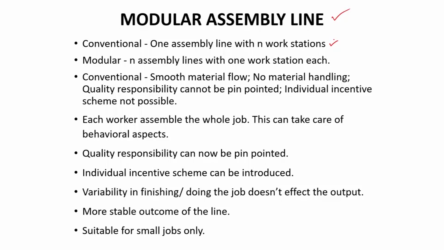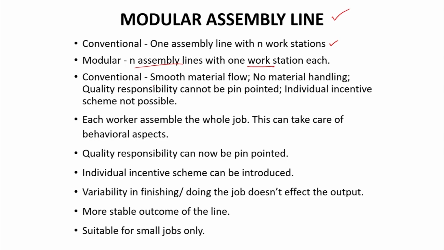In the conventional, we have one assembly line with n workstations. In modular, we can have n assembly lines with one workstation. That is the extreme case, we cannot have n assembly lines with one worker. We can divide them in a rational manner, we can have a number of workstations, and we can create the modular assembly concept.